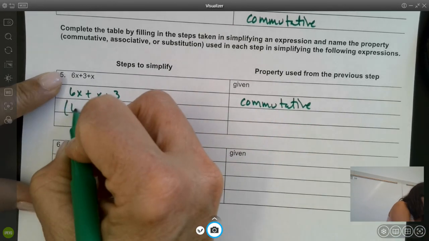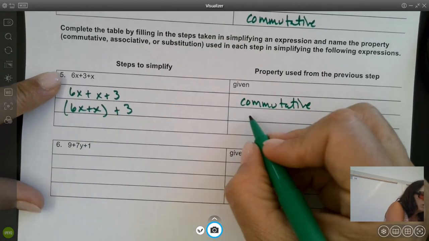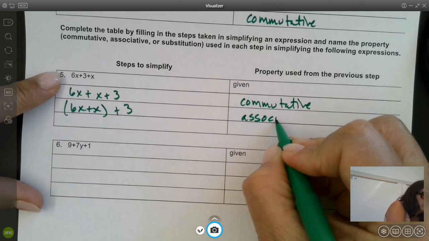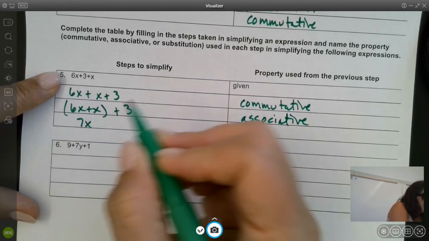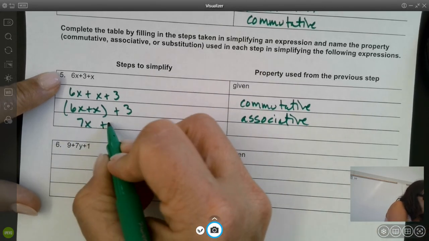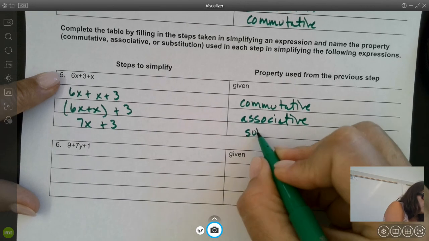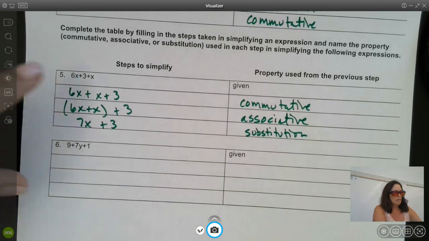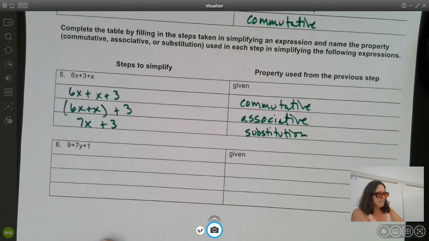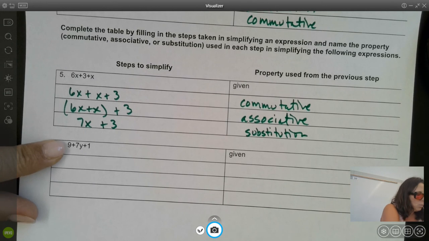Okay, and then I'm going to group together the x terms. That's called associative. And then I'm going to simplify 6x plus x makes a 7x by substitution. Okay, the next one. 9 plus 7y plus 1.